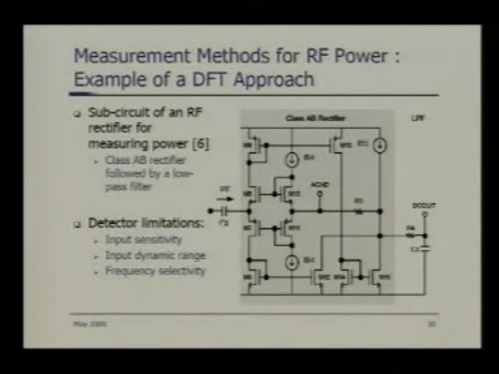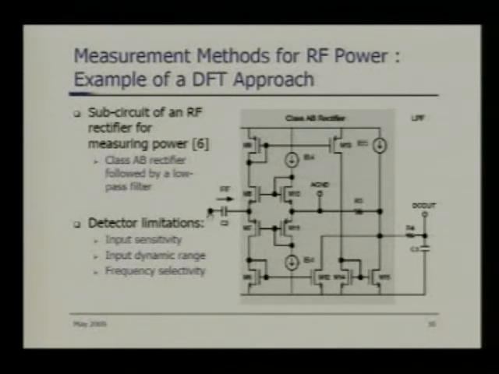Okay. And there are certain limitations. Let me not go into the detail of how it works. There are certain limitations in terms of frequency sensitivity, because it's a broadband circuitry. There is also a limitation in terms of input dynamic range, how much power level it can handle at the input, and also the lowest amount of power level that you can feed in.